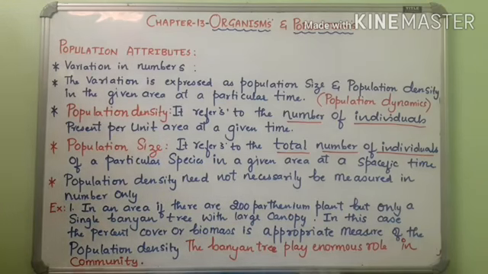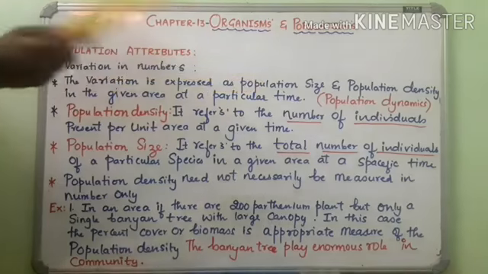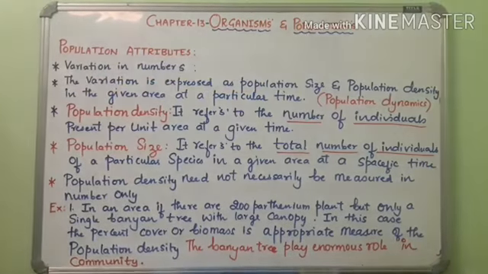How are we going to calculate this variation? The variation is expressed as population size and population density in the given area at a particular time.